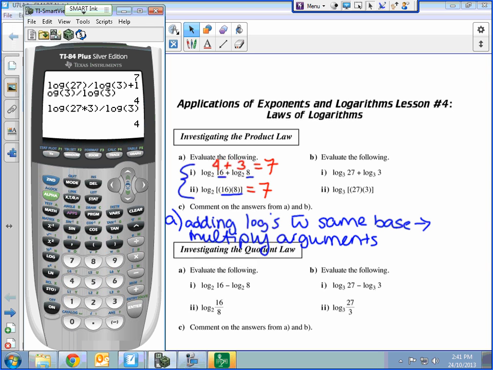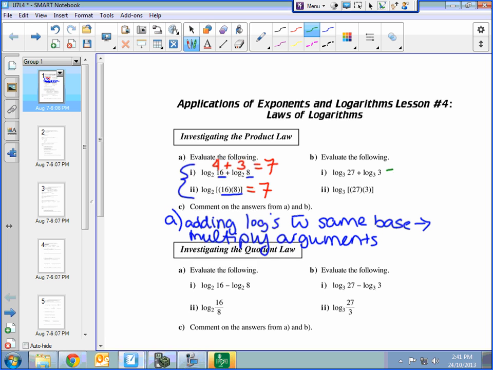Why are you dividing? Log of your argument divided by log of your base is how you evaluate a logarithm in your calculator. And then I'm adding log of my argument divided by log of my base. Second one, log of my argument, my argument is 27 times 3, divided by log of 3, which is my base. Okay? Is everyone okay with this rule?